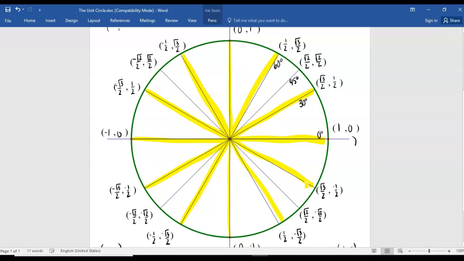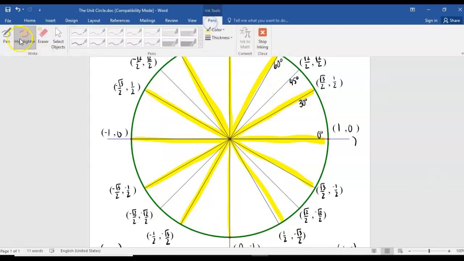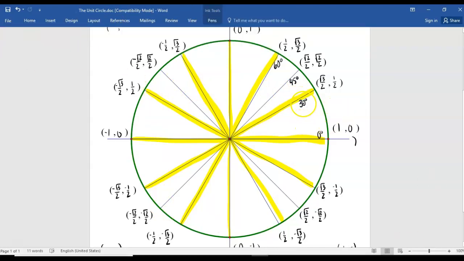Alright, and notice the only things that I skip are the 45 degree angles there. So I just start counting 30 degrees, 60 degrees, 90 degrees, 120 degrees, 150 degrees, 180 degrees, 210.